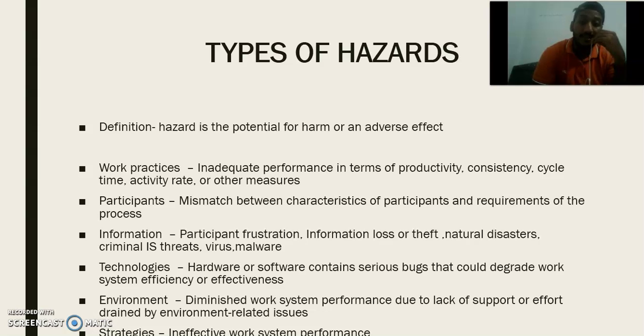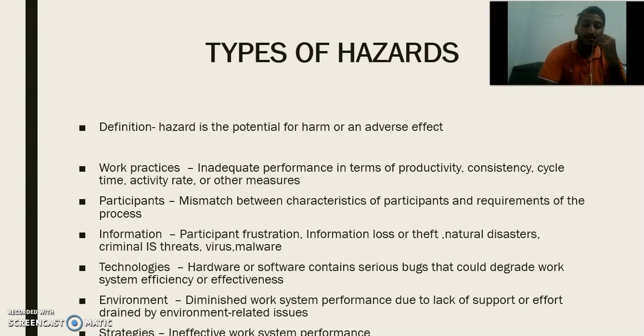The next is technology hazard. Technology hazard is caused by hardware or software containing serious bugs that could degrade work system efficiency or effectiveness, which may affect the hardware and software. Then we go to the environment hazard.